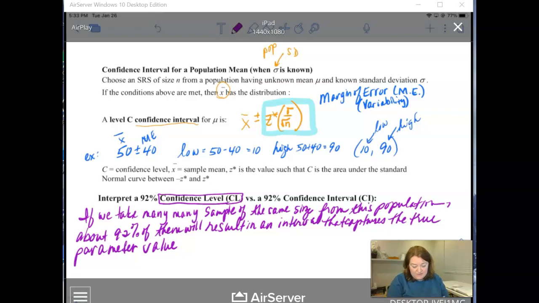Okay, in the next one, we're talking about a 92% confidence interval. So this is usually us describing that 10, 90 part up there.